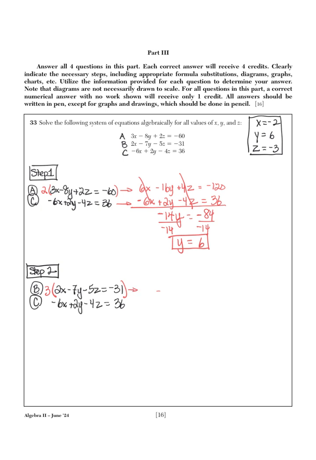So when I do that, I end up with 6x minus 21y minus 15z equals negative 93. And then here I end up with negative 6x plus 2y minus 4z equals 36 because I didn't do anything to C.